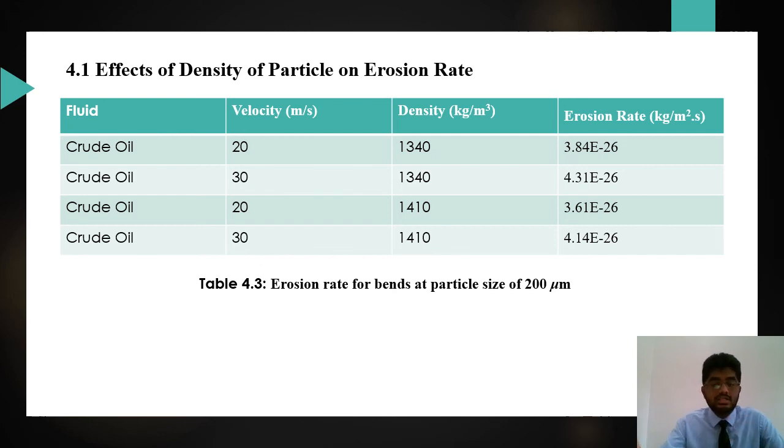As we can see in table 4.3, we can deduce that the erosion rate tends to decrease when the density increases. This is because high density particles tend to move slowly or settle out of the carrying fluid, and therefore they are unlikely to do much harm.